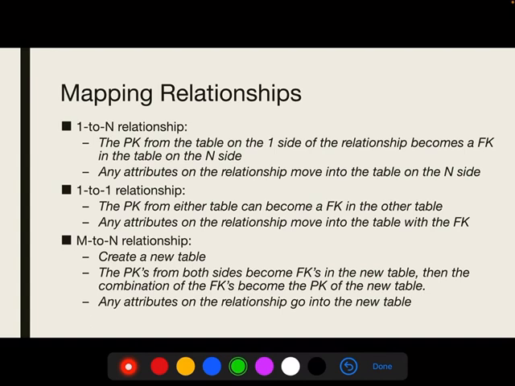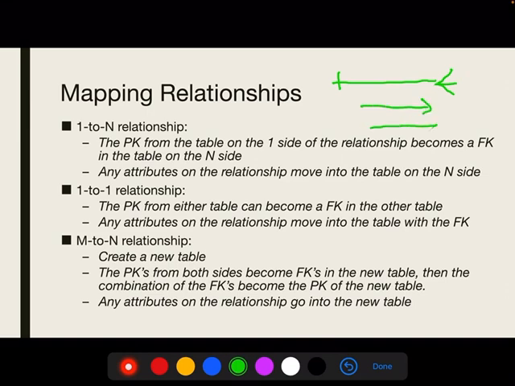And that's because when you have a one-to-many relationship going this way, right? It means you have a one-to-one relationship going in the other direction.